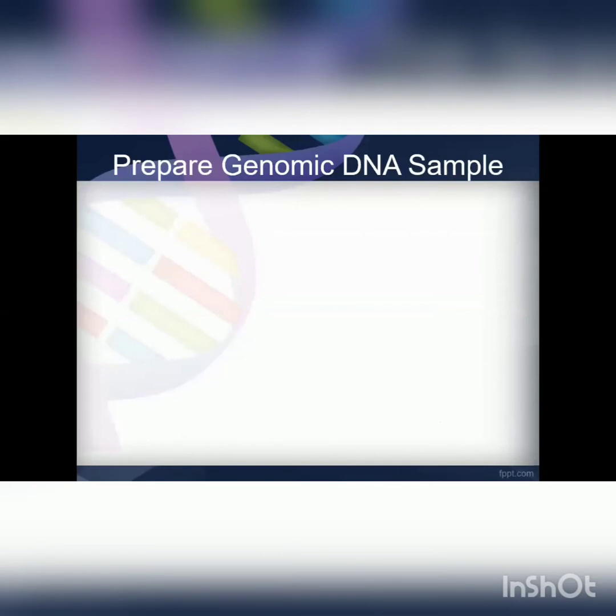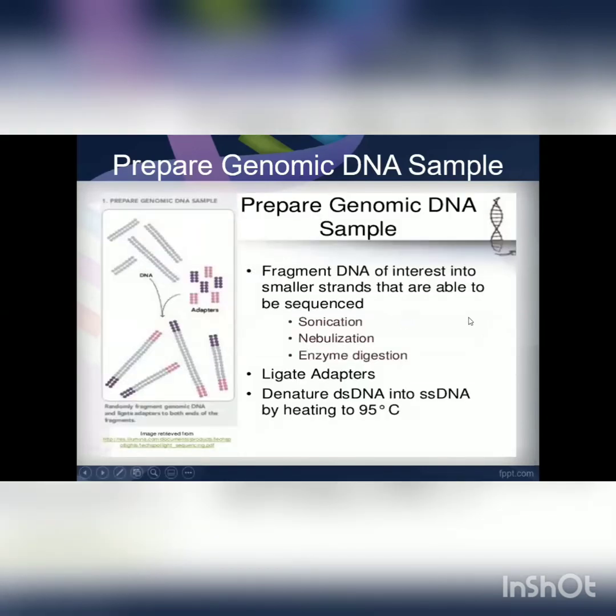So now I will be talking about each step of the Illumina sequencing principle in detail. The first step is to prepare the genomic DNA sample. First, the DNA of interest is fragmented into smaller strands that need to be sequenced. That can be done through the process of sonication, nebulization, or enzyme digestion.